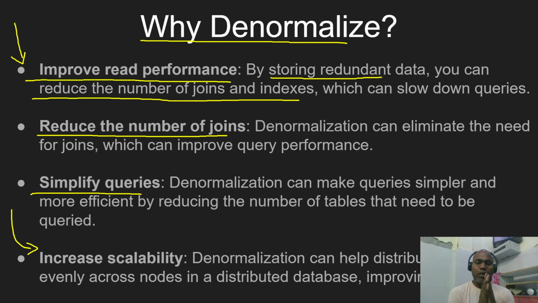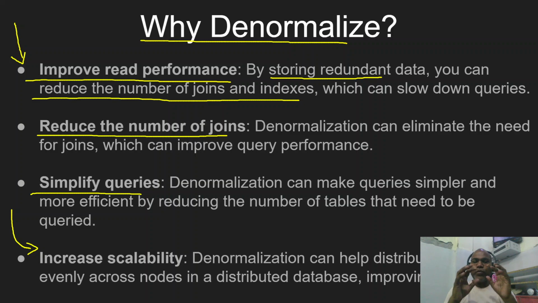The overall objective of denormalization is to increase our system scalability. Why do we need to scale? Because our system is receiving a high volume of data. With normalization, we put data in one table, one database, and that is very tough to scale.